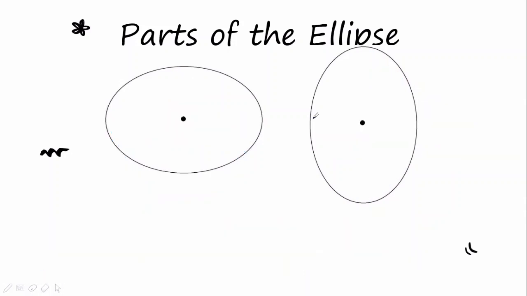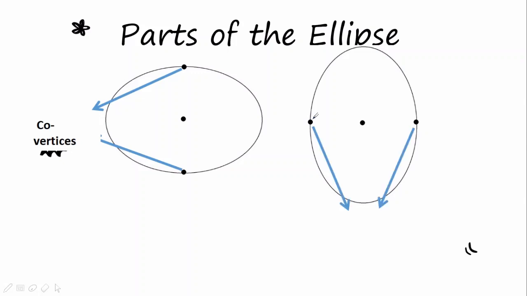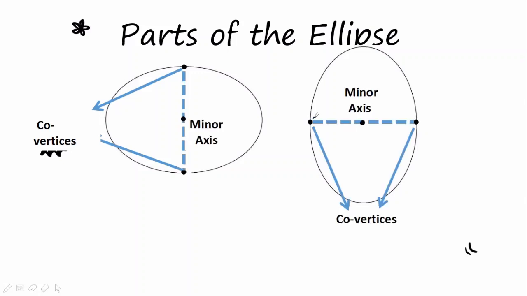Next one is the covertices and the minor axis. So covertices and minor axis are the opposite of the major axis and the vertices.